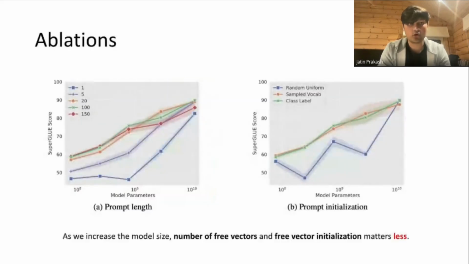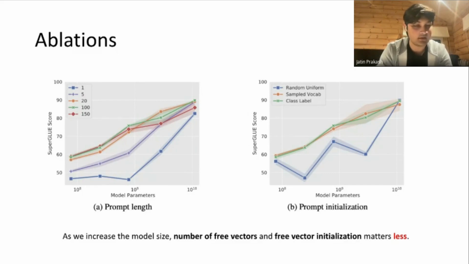Cool. So the authors also show some ablation on prompt length, or the number of free vectors. If you just focus on the left graph, these curves are for a variable number of free vectors.